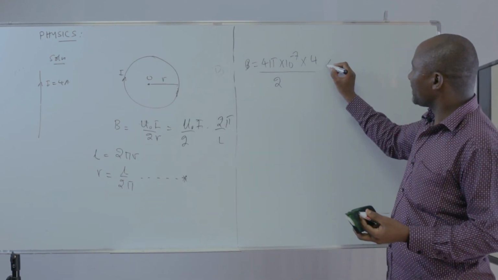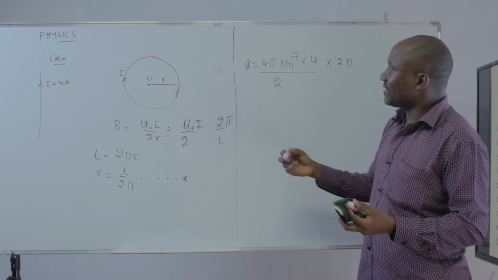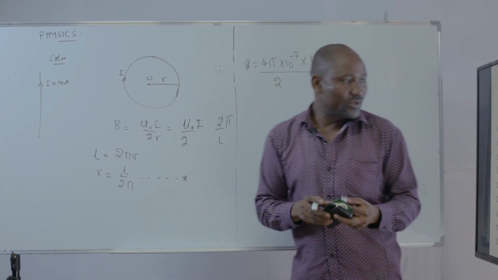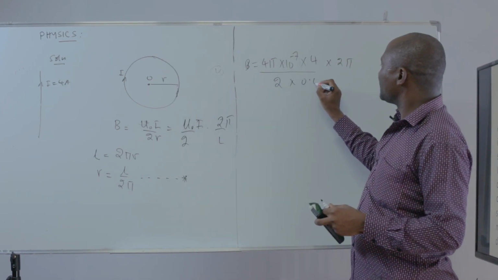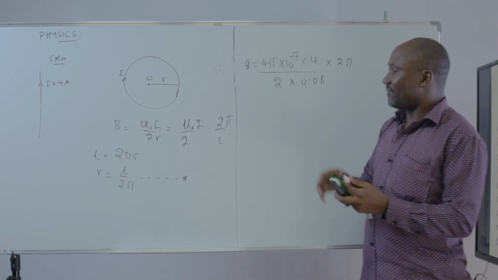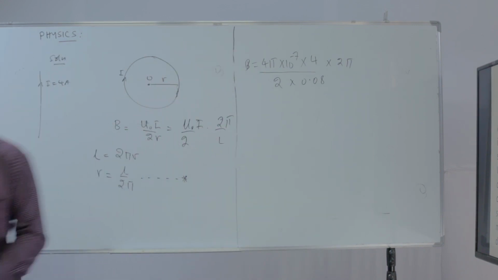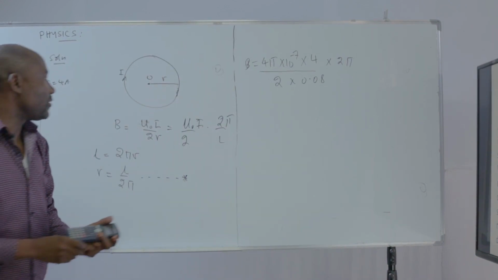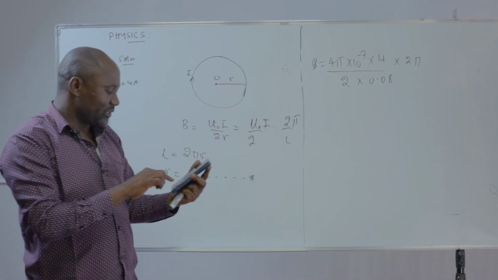So here you multiply by 2 pi, and then divide by the length of the conductor. The length was given in the question as 0.08 meters. So we know the values are given, so you can calculate using your calculator and find the value of the magnetic flux density of that particular loop.